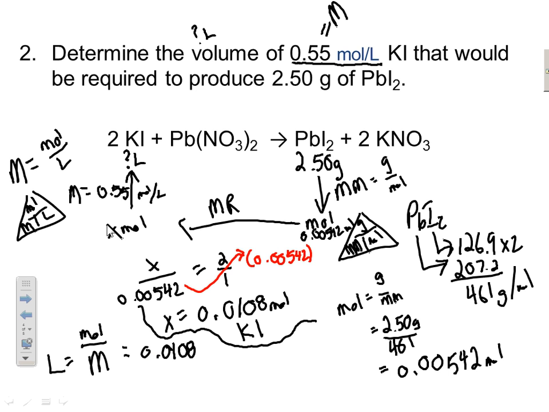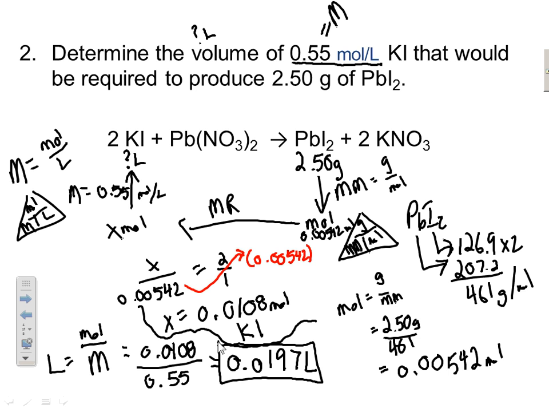Moles of KI, which is right in there. And the molarity, I've wrote down. There it is, 0.55 moles per liter. So if I take 0.0108 divided by 0.55 equals 0.0197 liters. And there is our final answer.